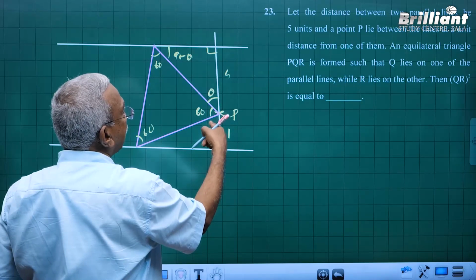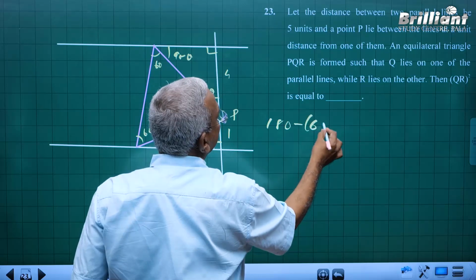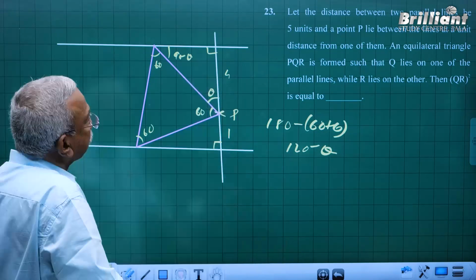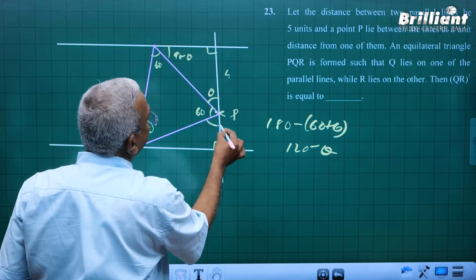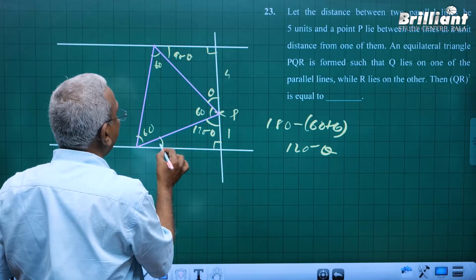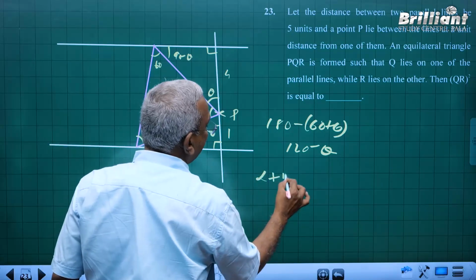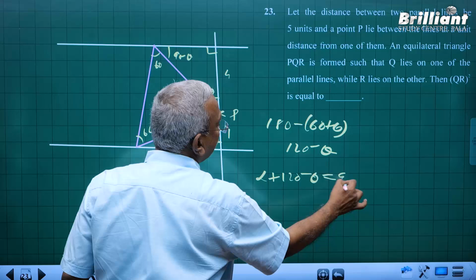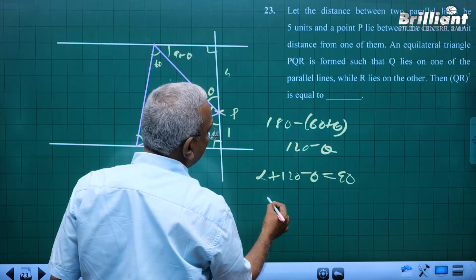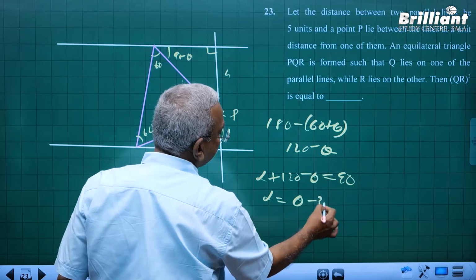We can see this angle is 180 minus (60 plus theta), that is 120 minus theta. So if this is alpha, the sum should be 90. That is alpha plus 120 minus theta is 90. That means alpha is equal to theta minus 30.